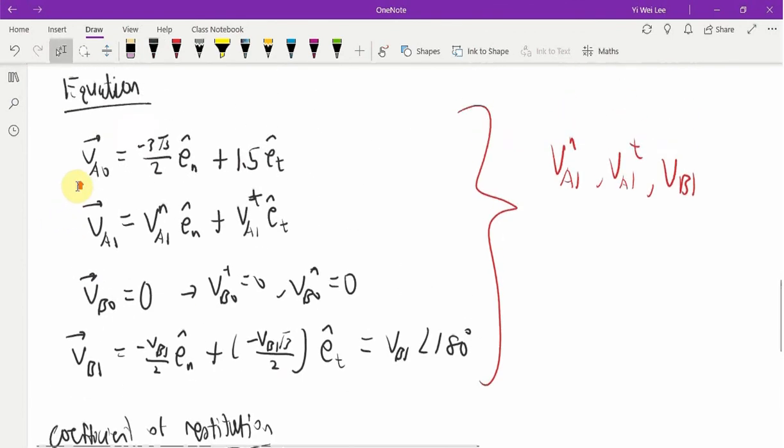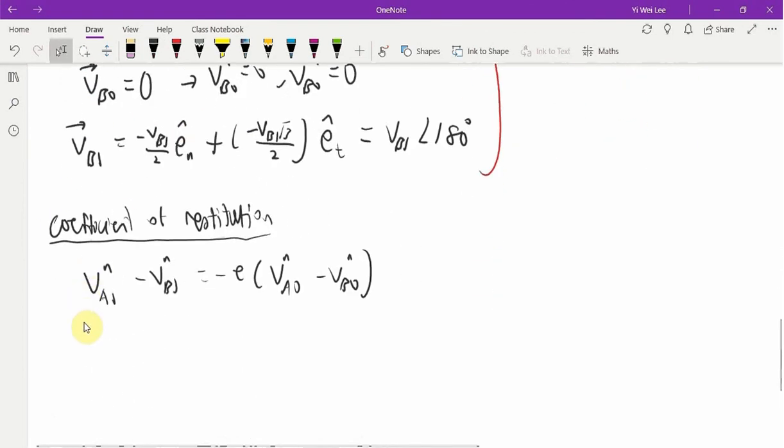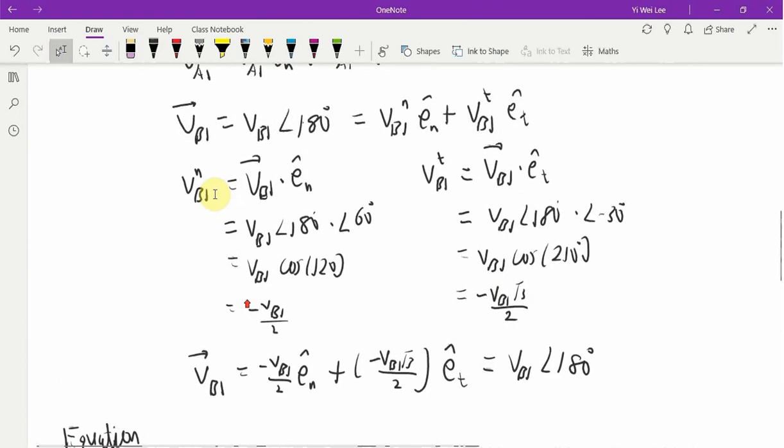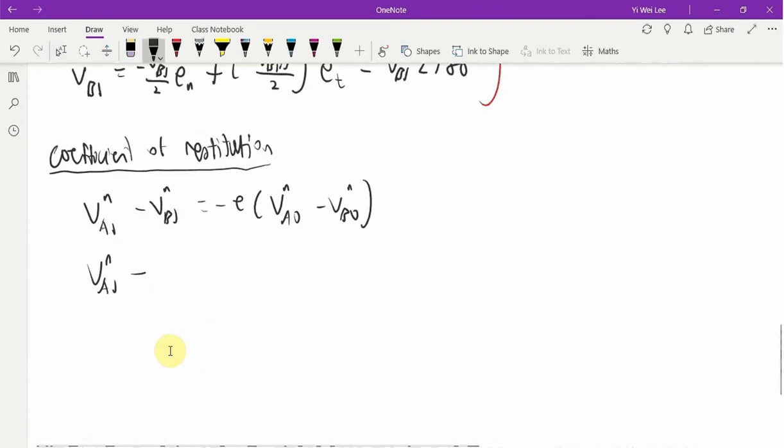What is VA1N? VA1N apparently is something we don't know. VB1N, do we know what is VB1N? Actually we do know, right? VB1N is equal to negative VB1 over 2. Negative e is 0.8, put it in.